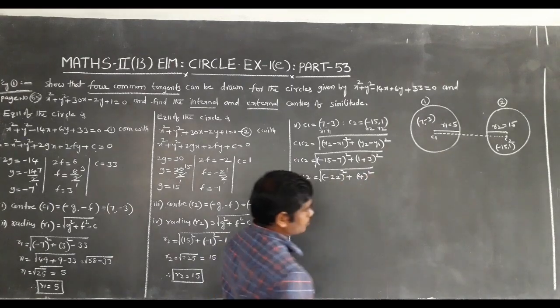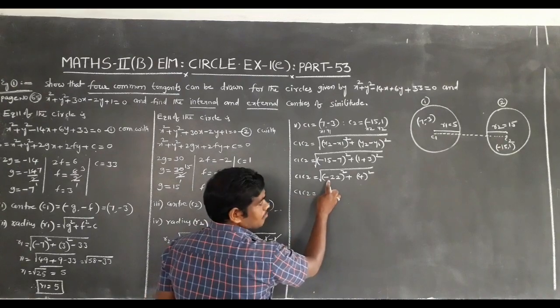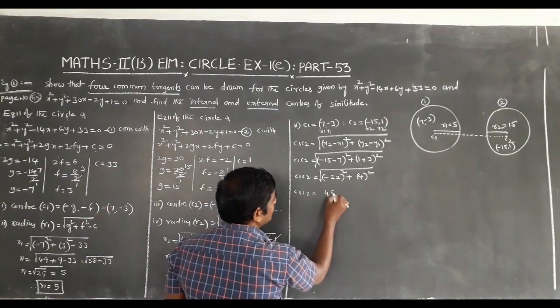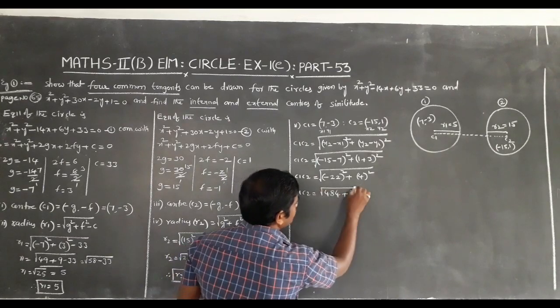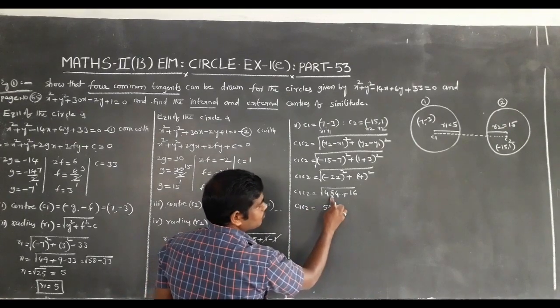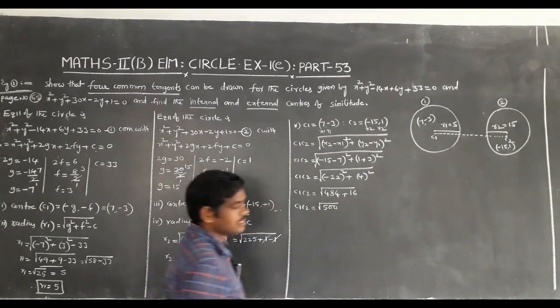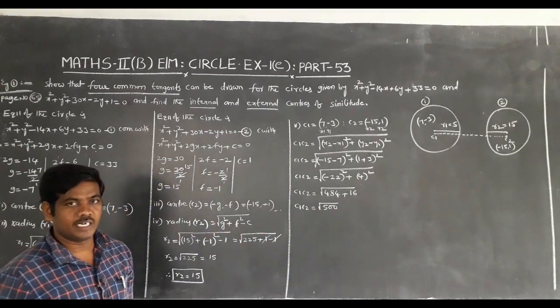That is 22 square, 484, plus 4 square, 16. C1C2 is equal to 484 plus 16, 500. C1C2 is equal to root 500.